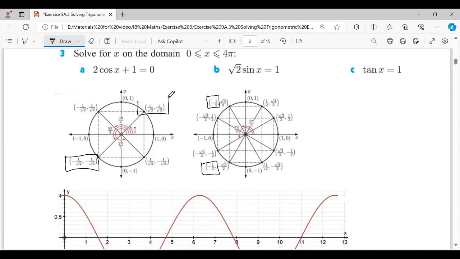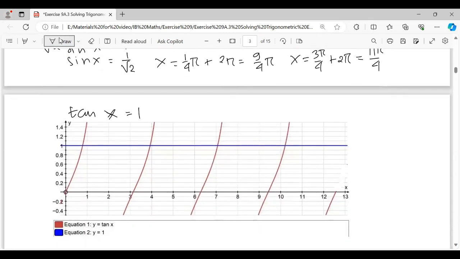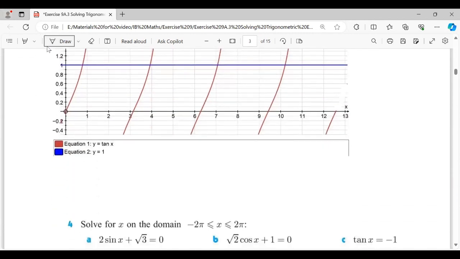And this one as well as positive. So x equals pi over 4, and then 1, 2, 3, 4, 5. Pi over 4 and 5 pi over 4. So x equals pi over 4, okay, 5 pi over 4.